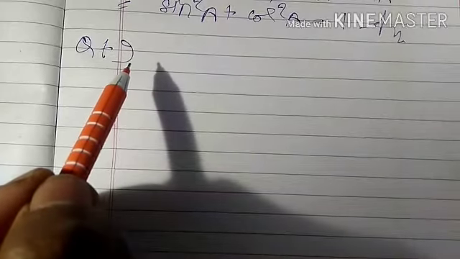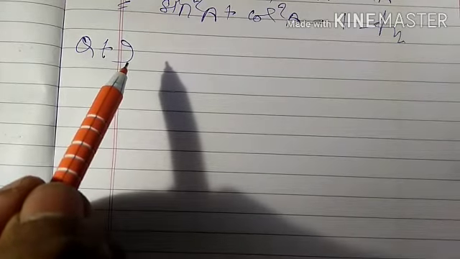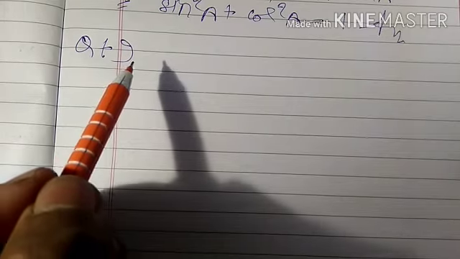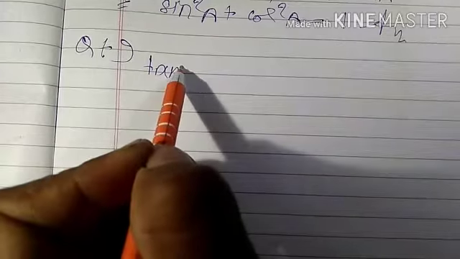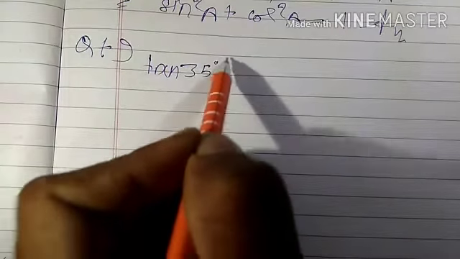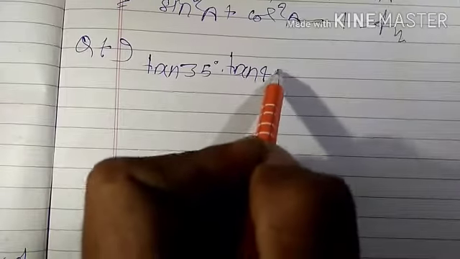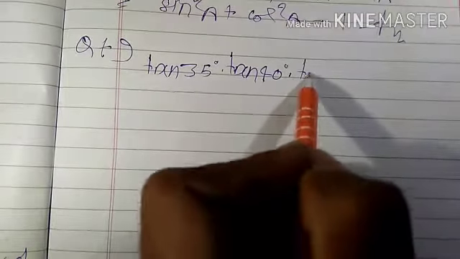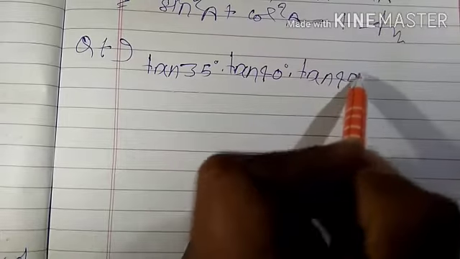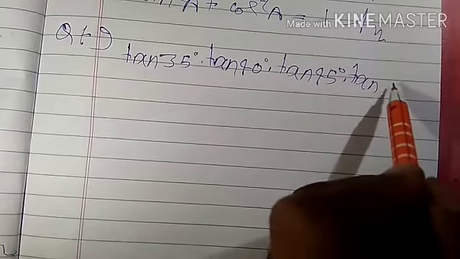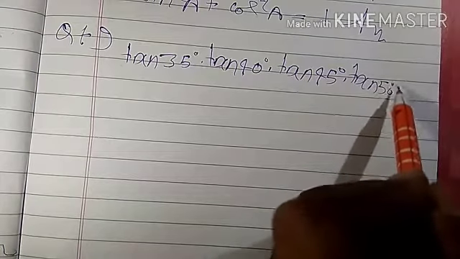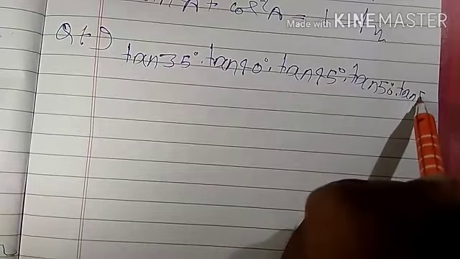Next question, number 9. Find the value of tan 35° × tan 40° × tan 45° × tan 50° × tan 55°.